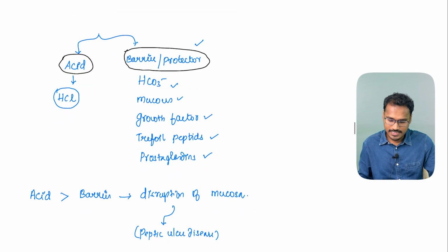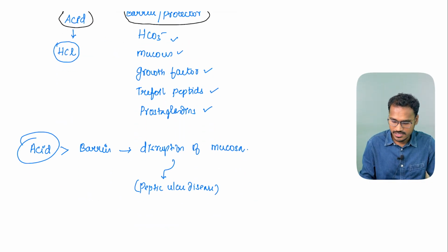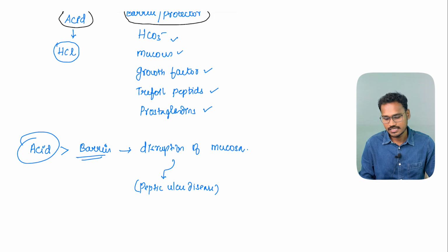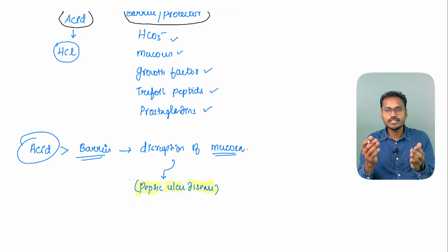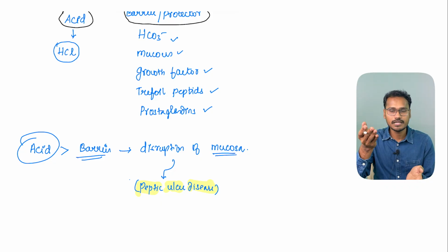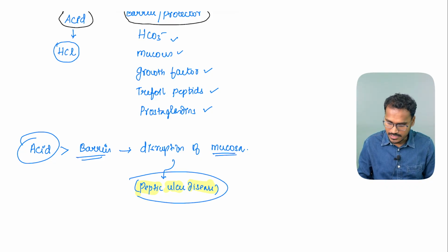But if the acid secretion goes beyond a certain level, more than the barriers, then there will be disruption of the mucosa, finally leading on to peptic ulcer disease. So there is always a fine balance between these two. If acid takes the upper hand, then there will be peptic ulcer disease.